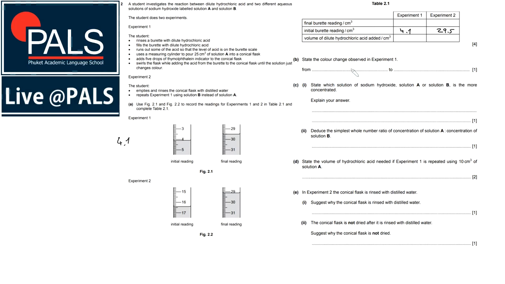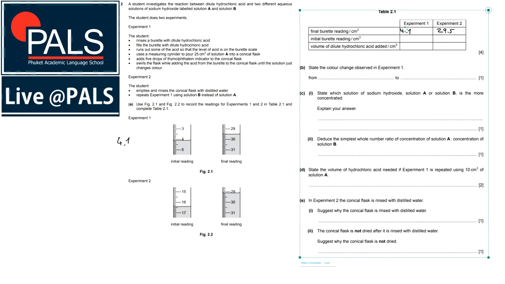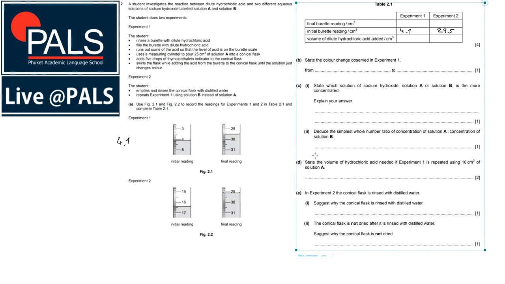No, wait a moment, now I'm mixing things up here. So experiment 1, final burette reading, this one, 29.5. And initial burette reading, 4.1. Okay, now we got that.